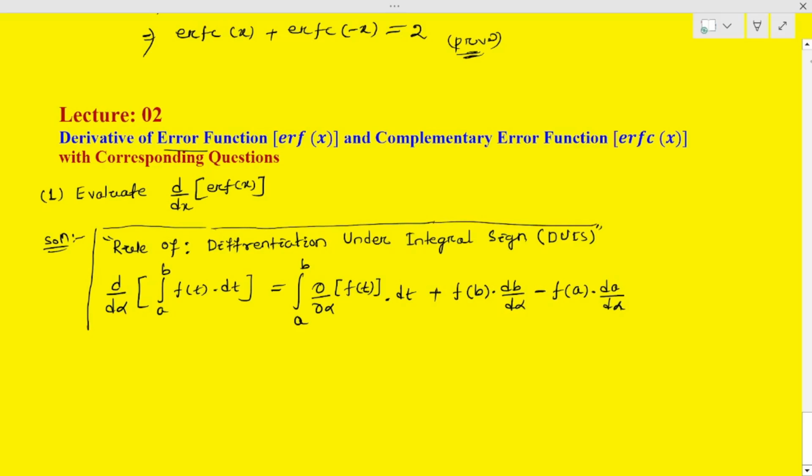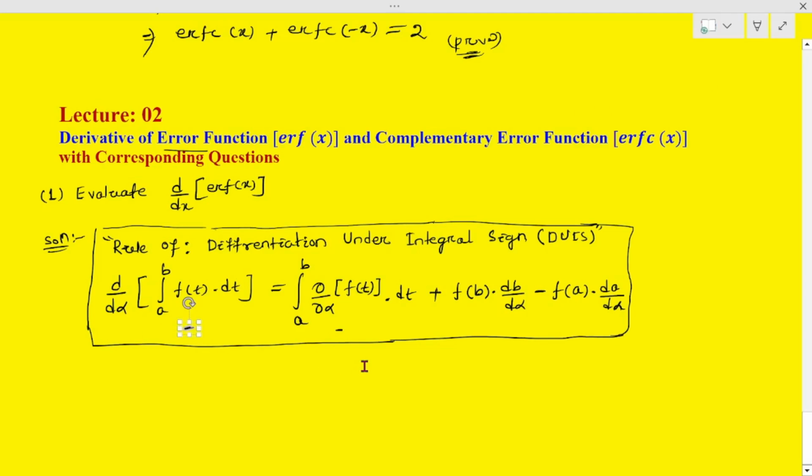You just remember this one. Here we are going to use this result. No need to prove this one. To prove why this value equals this much, I will make a separate video later.